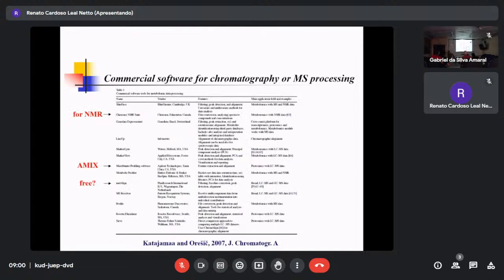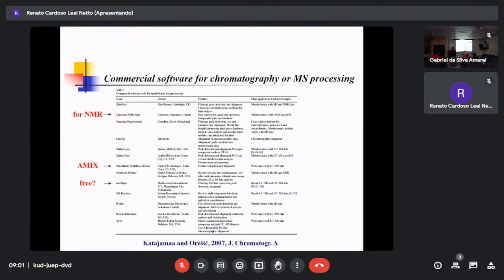Then commercial software. Nowadays this processing you cannot do manually. You need software. Which kind of software are you using for food processing? HMS? Is it MZmine or MetaboAnalyst or XCMS? Those kinds of open source you can use. Also nowadays, thanks to R, there are many software packages available.